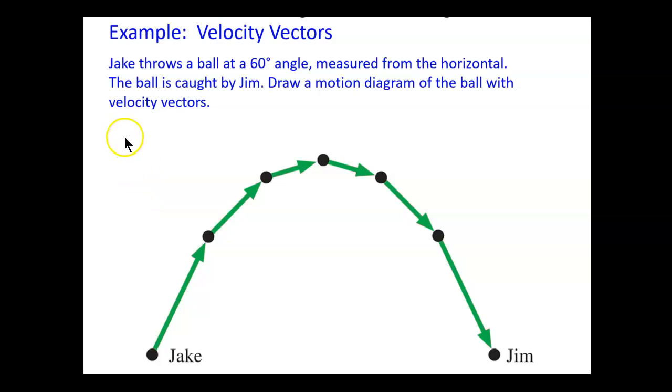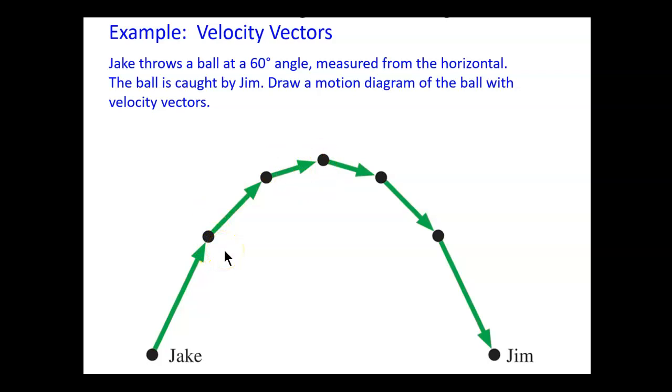Now, this is its initial velocity vector, and this is its final velocity vector. When it gets to this height right here, notice that as it's moving upwards, this vector is getting smaller and smaller.